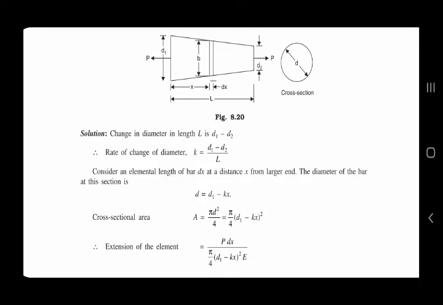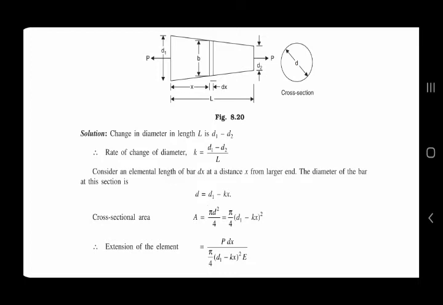The diameter of the bar at this section can be given as D equal to D1 minus Kx. The cross sectional area of this strip will be A equal to pi d square by 4, which is pi by 4 into (D1 minus Kx) whole square.